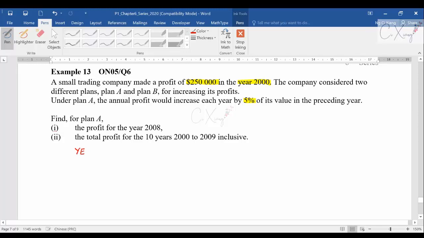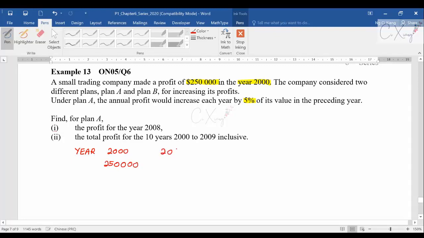I will prefer you all to write out the year. So the starting year is year 2000, then after that, you might have year 2001 and so on. For year 2000, what is the profit that you have? You are having 250K.